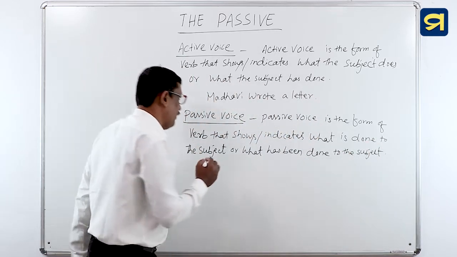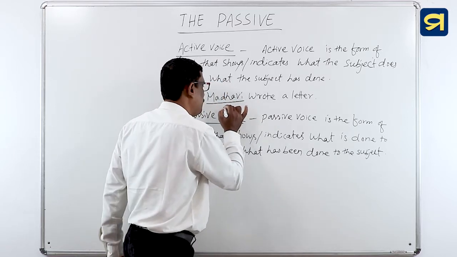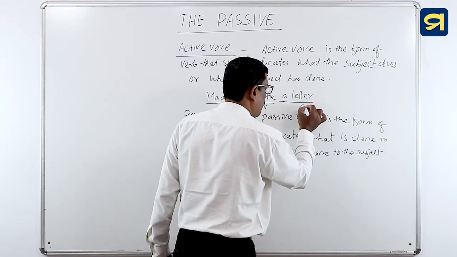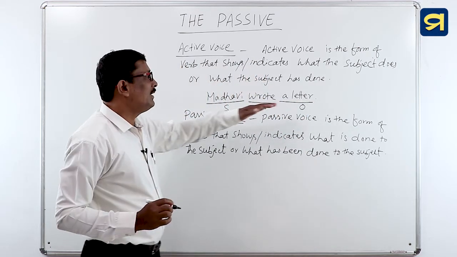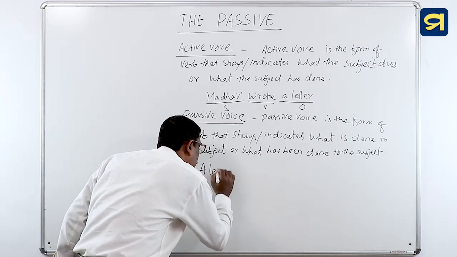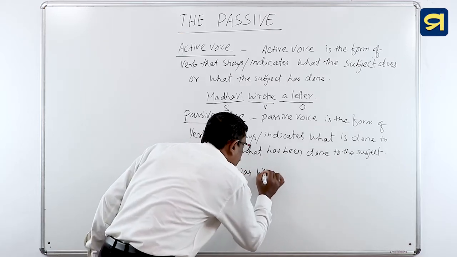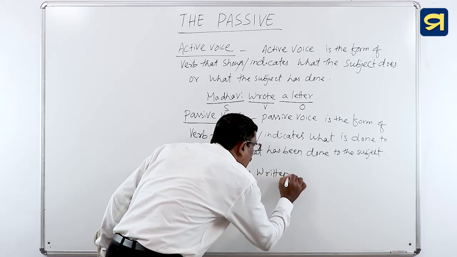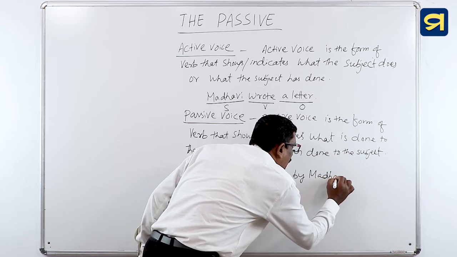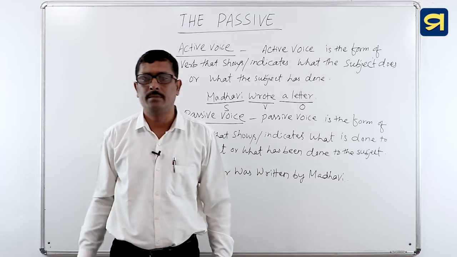Now we will take an example of the same sentence. Here, Madhavi is the subject, wrote is the verb, and a letter is the object. When we change the sentence into passive, we will write: A letter was written by Madhavi, because the sentence belongs to simple past.